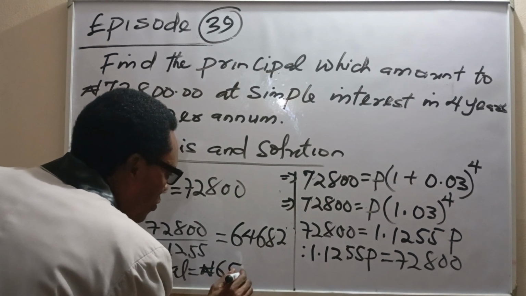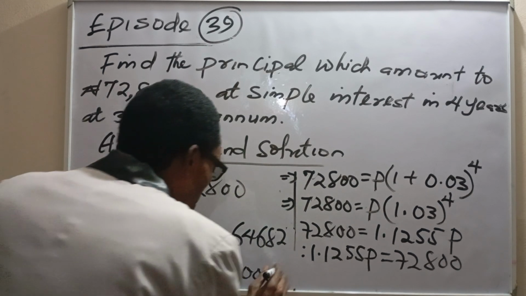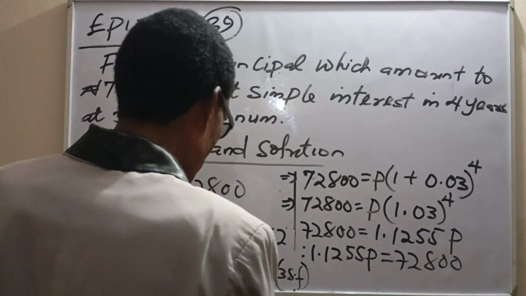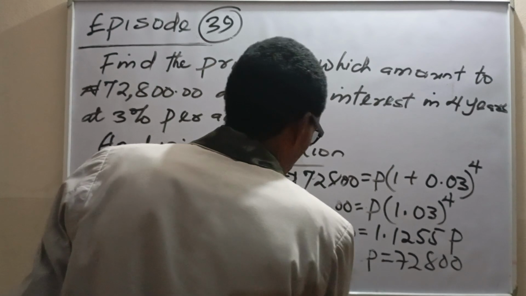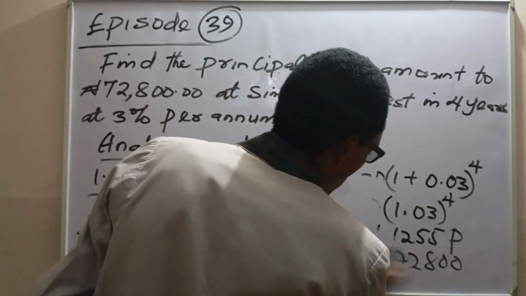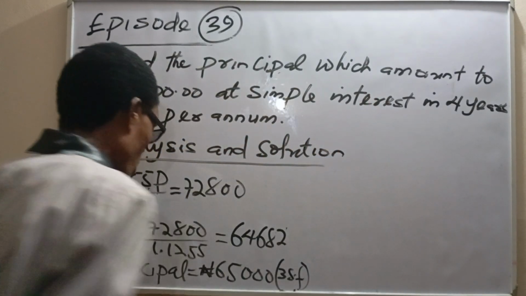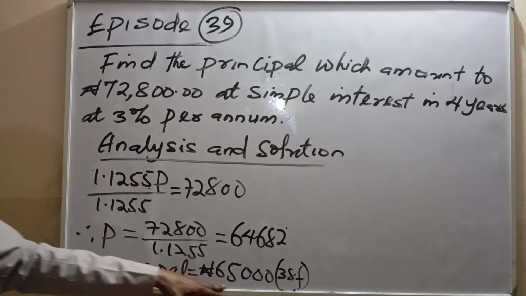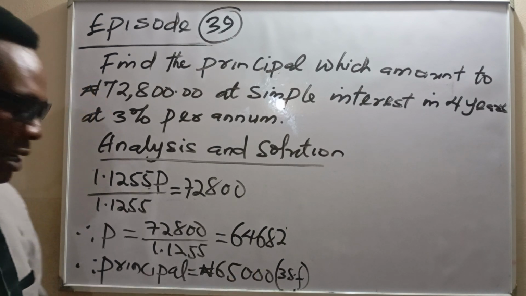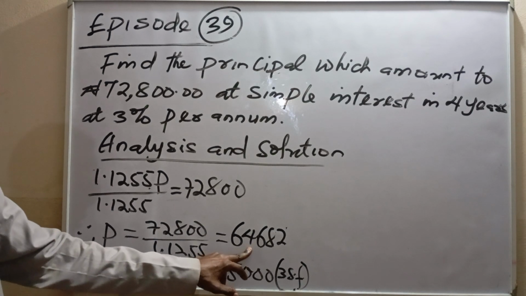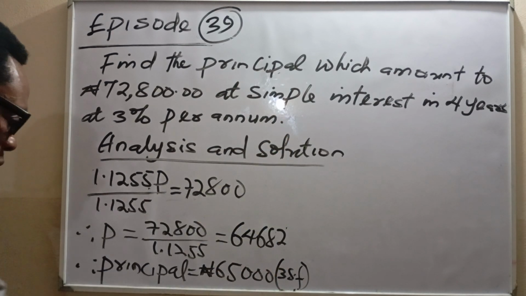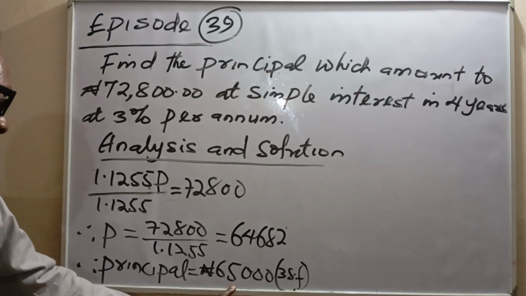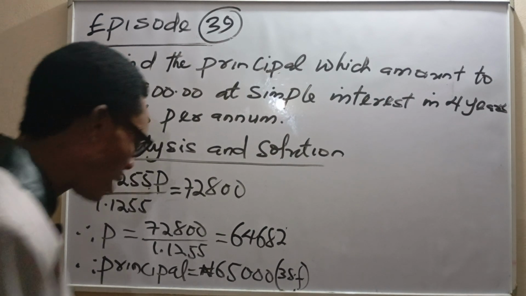So the principal that amounted to 72,800 naira is 65,000 naira when approximated. The exact value is 64,682, but here we just quickly approximate it to 65,000, which is to two significant figures and not three.